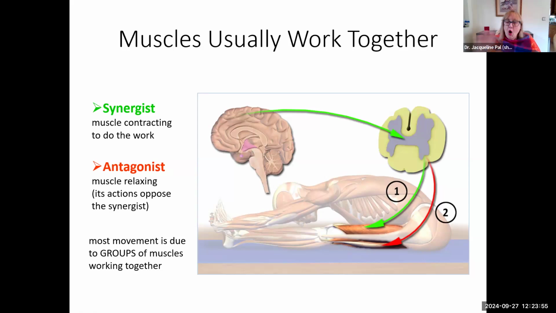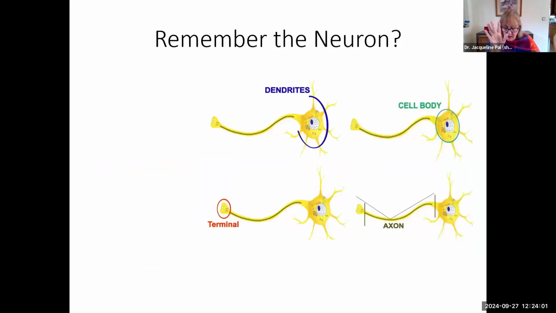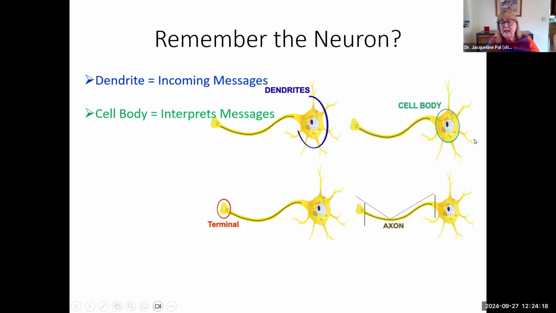Okay. Hope those 2 examples help you understand this concept. We've got another concept to talk about, but to do that, I need to refresh your memory about the neuron and the parts of the neuron. So you remember that the dendrites were incoming messages that the cell body then interpreted. We had 100 messages that said it was hot, 80 messages that said it was cold.